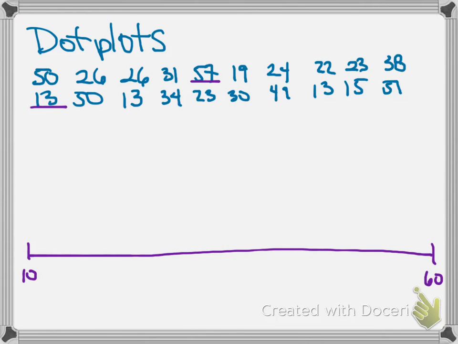The difference between 10 and 60 is 50, isn't it? So halfway is just going to be 35. So we need 10, 15, 20, 25, 30. That looks a little bit better. And then we'll have 40, 45, 50, 55. Pretty close.